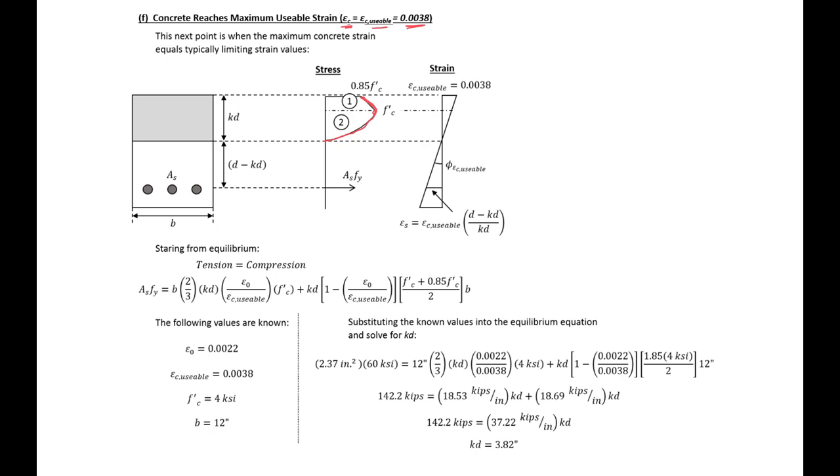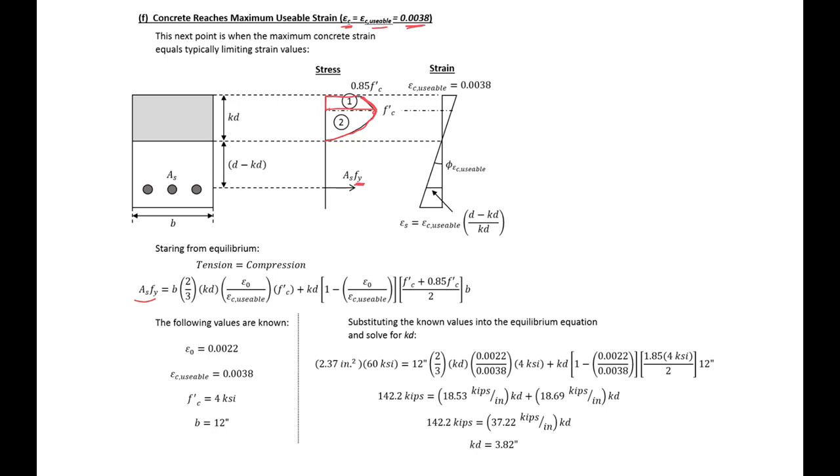I'm going to break up our compression component into two different components here. One is this trapezoidal section, and one is a half parabola. If we do this, we can set our tension equal to compression. Again, we're assuming that we haven't yet reached our strain hardening region, so we can still use our yield strength for our tension steel.